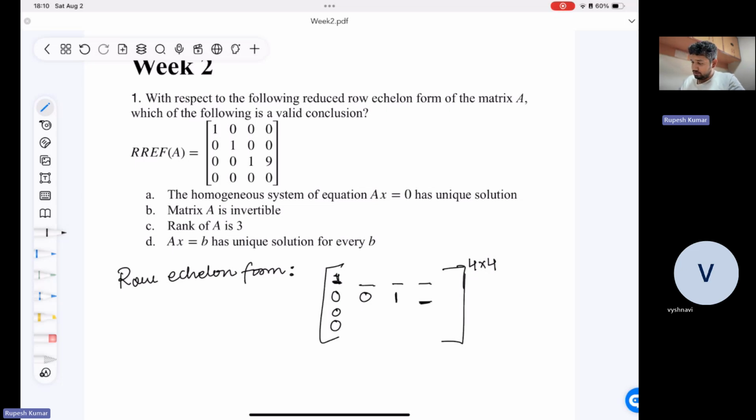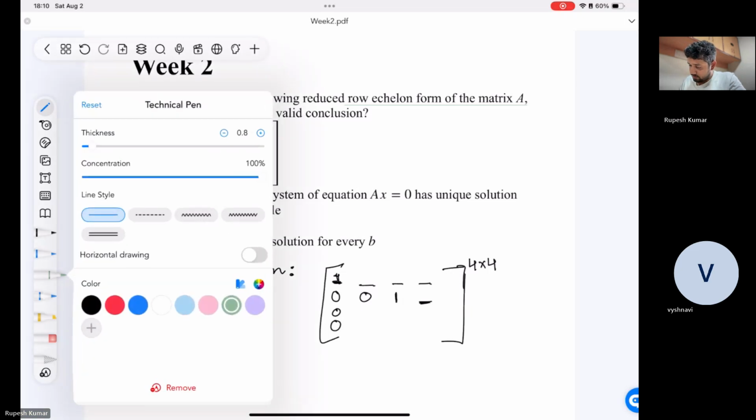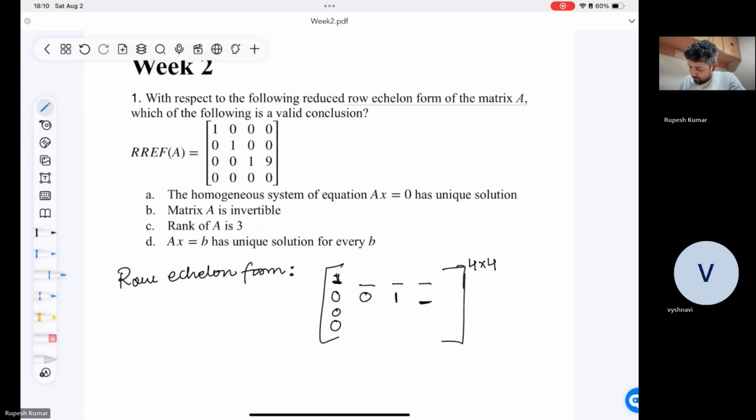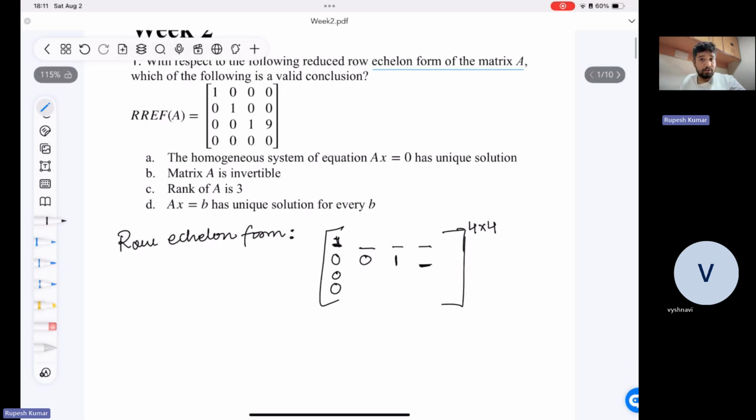For this, we need to understand what is the meaning of a row echelon form for a given matrix. I'm explaining the properties of a row echelon form of a matrix.